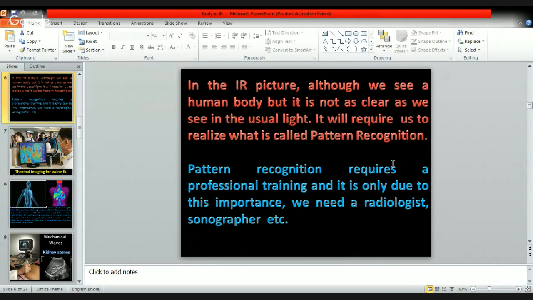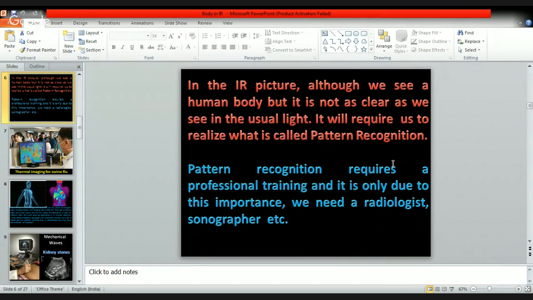We easily recognize each other through the optical camera because since our birth, we are absolutely confident of recognizing the patterns.